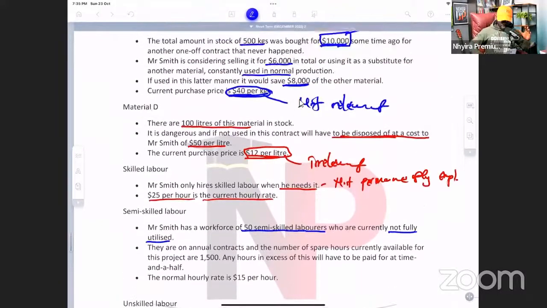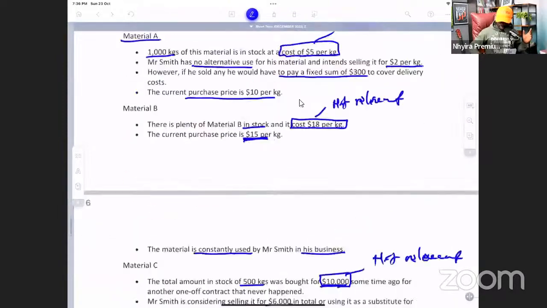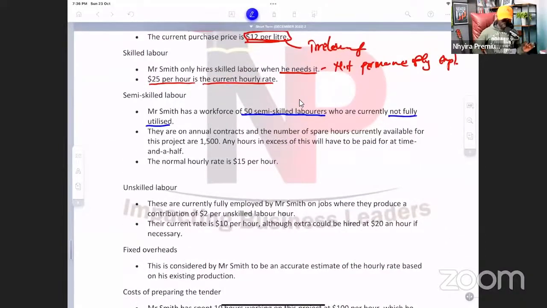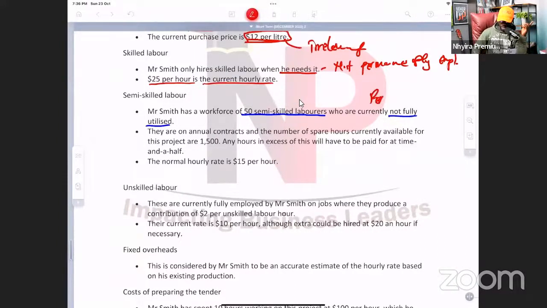We need 2,000 of them semi-skilled. We are told that there are 50 who are not fully utilized. It means these people are permanently employed, so we don't have to think about them again.